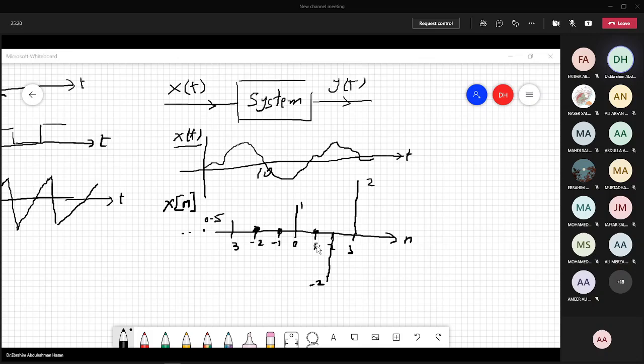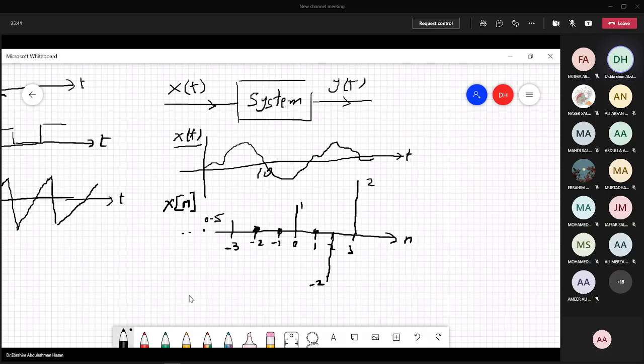If this signal is defined for a limited period, for example from minus 3 to 3, then we call it a finite discrete signal.